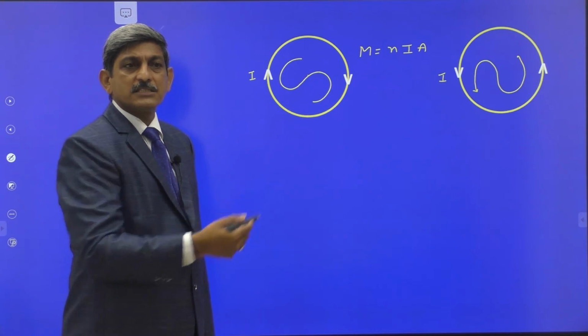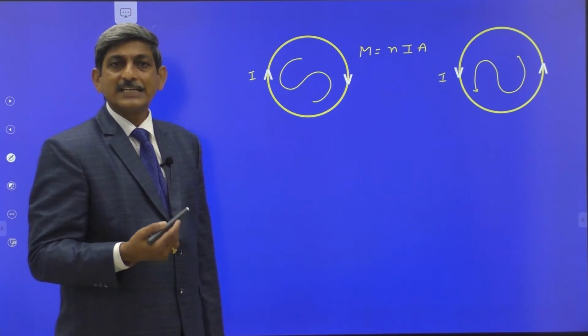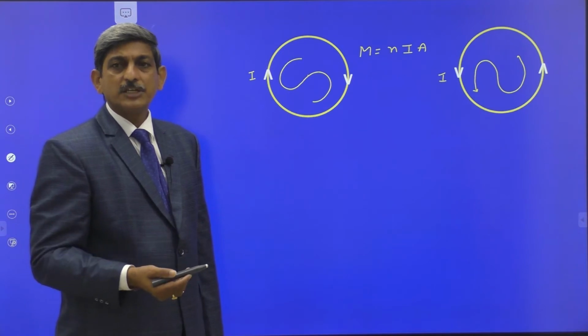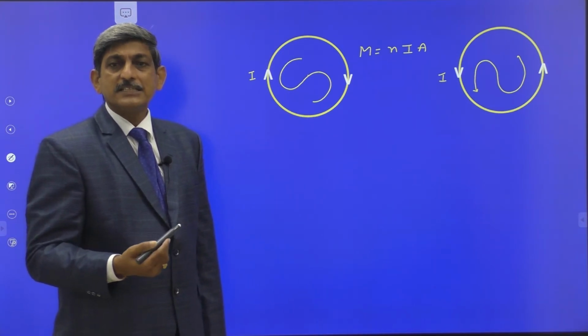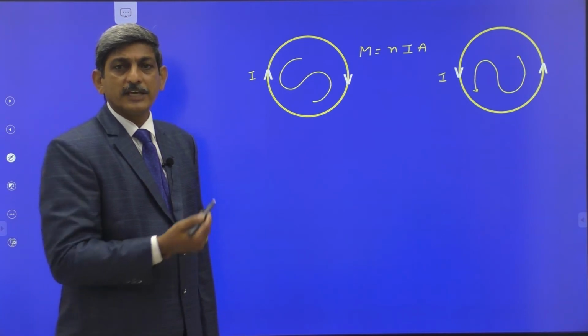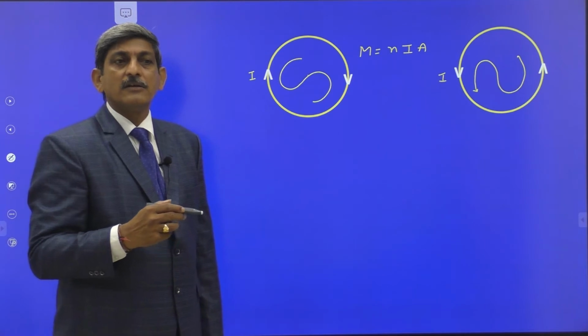When we come across other lessons, we may get loops with other shapes also, like square shape, rectangular shape, triangular shape, etc. In such cases, what do we have to do? Remember, here we derived the formula for the circular coil.